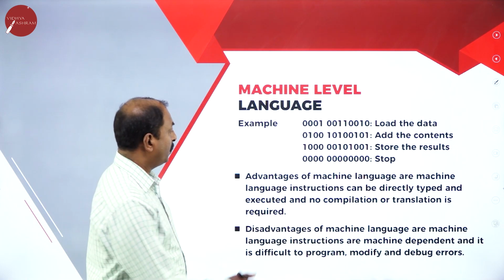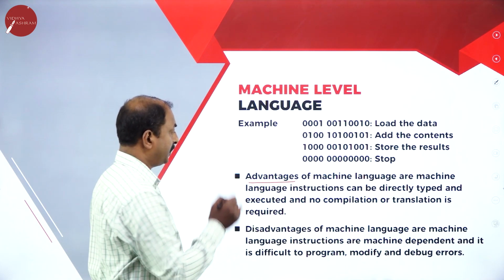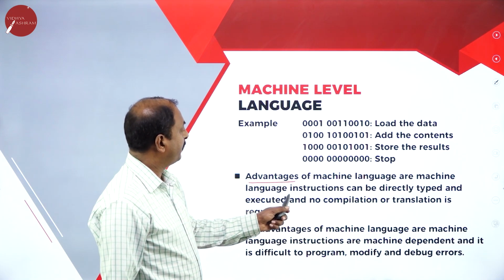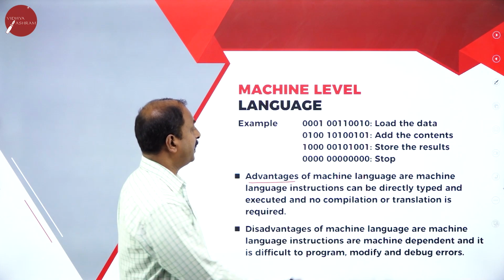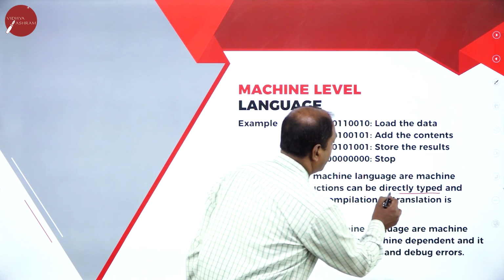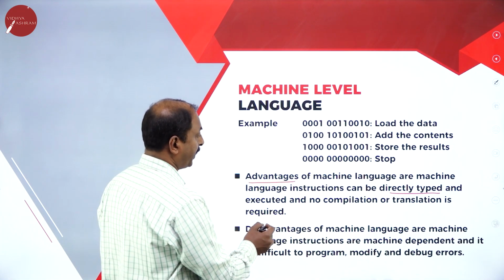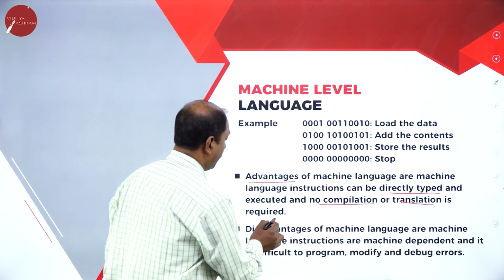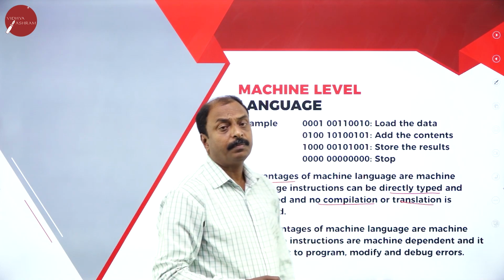Now let us see the advantages. The advantages of machine level language are that its instructions can be directly typed and executed, and no compilation or translation is required. This is a major advantage.